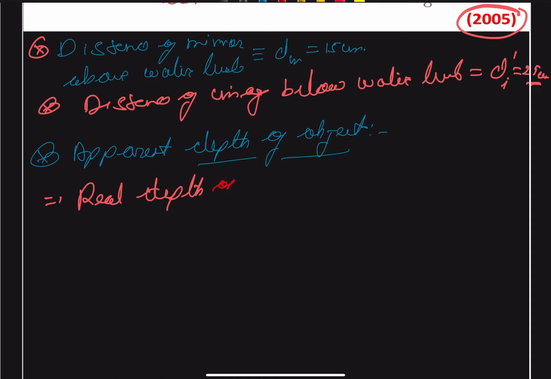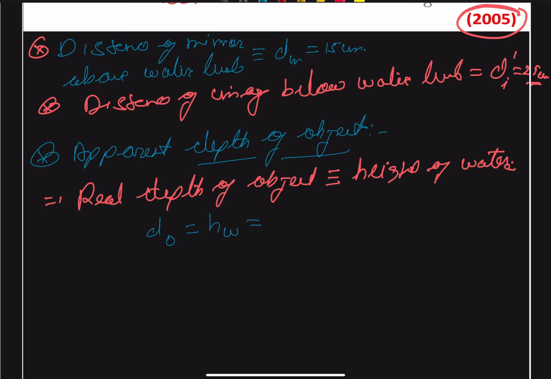Therefore, we can write that the depth of the object, let us suppose given as dO, will be equal to HW, which is equal to 33.25.